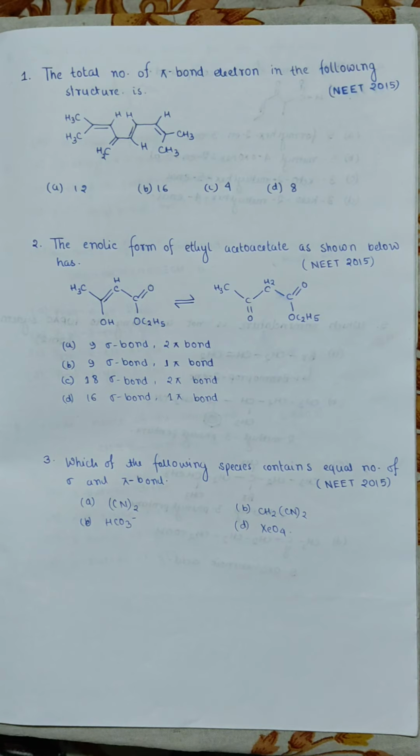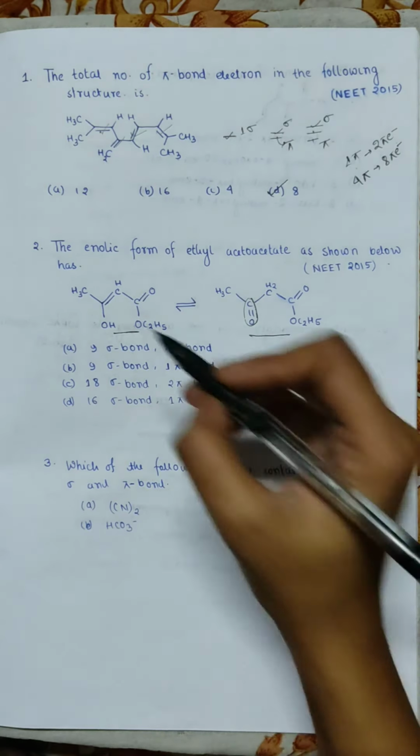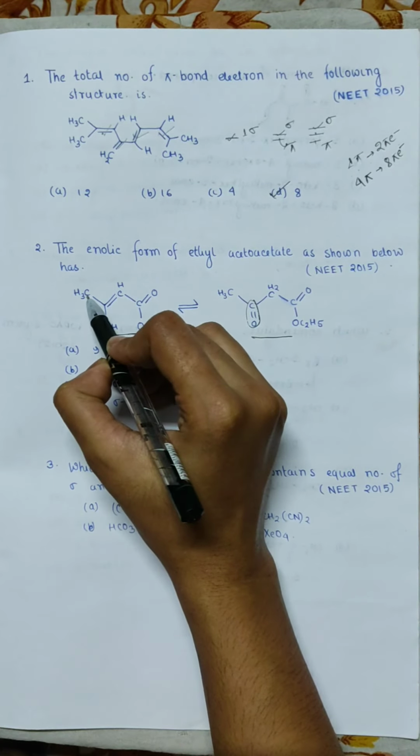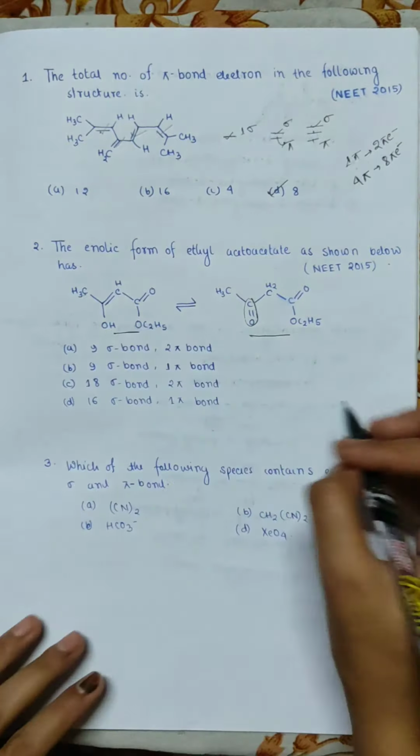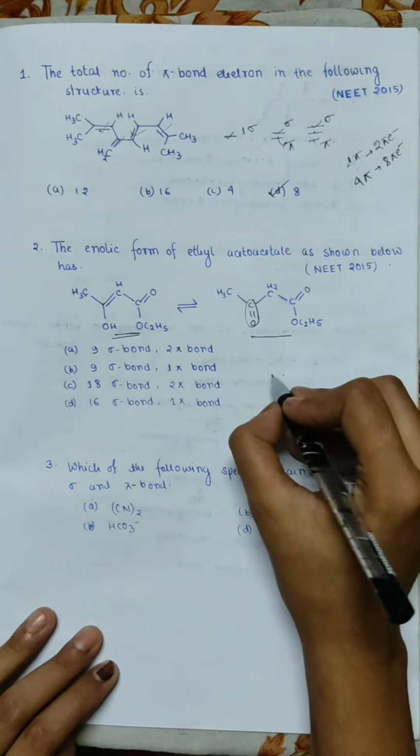Now we have to find out how many sigma and pi bonds are there in the enolic form of ethyl acetoacetate. So first CH3 has 3 sigma bonds. Let me write a complete structure of this enolic form.